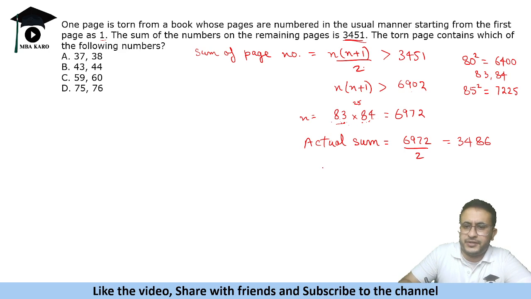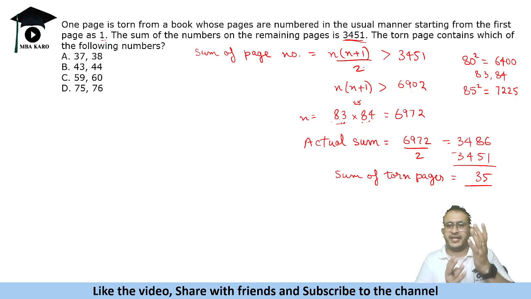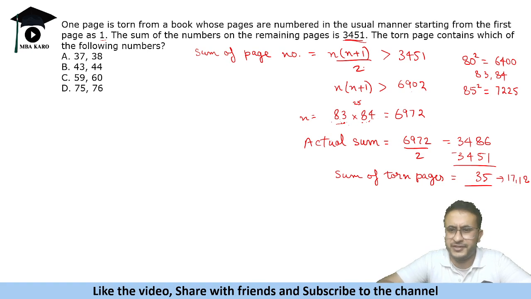Now the remaining sum is 3451, so that means the sum of torn pages equals 35. Now there are two torn pages, right? Because when you tear a page, it has both faces. Now they are consecutive numbers, so that would mean the pages are 17 and 18, but they are not given in the options.